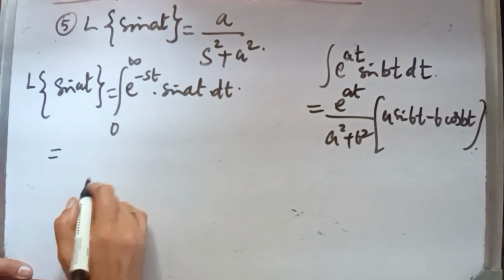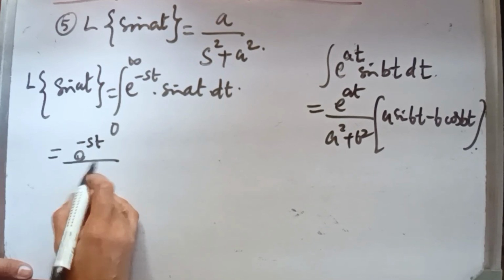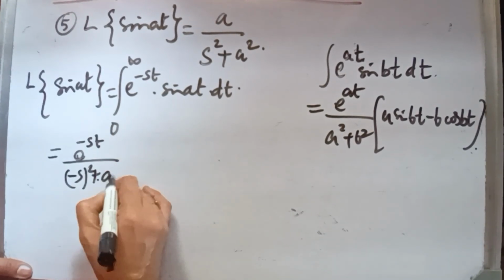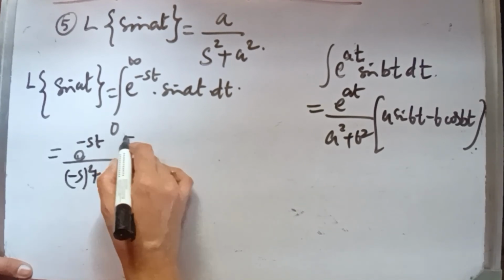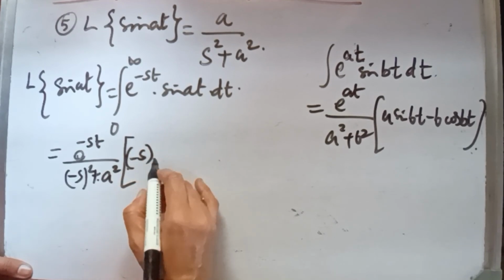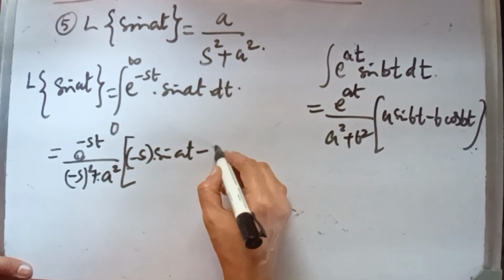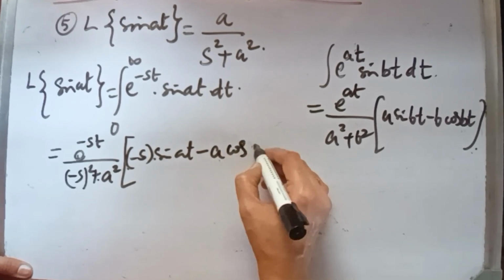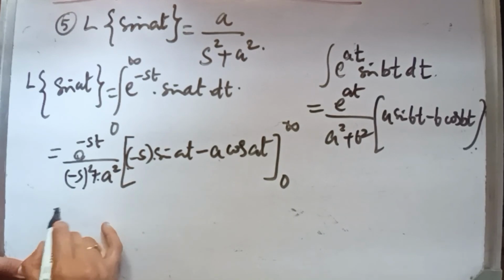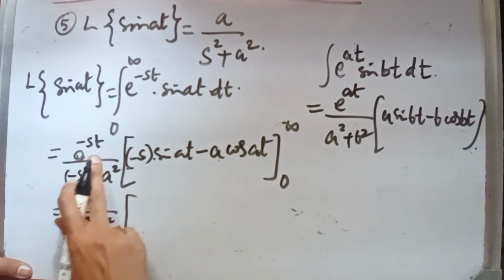That is e power minus st divided by a square plus s square, into minus s sin at minus a cos at, with the integral from 0 to infinity. Now you have to apply the limits. 1 by a square plus s square is a constant, you can take it outside.